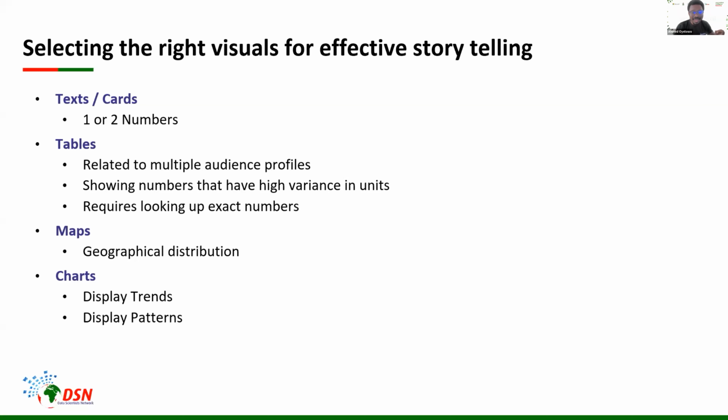Now, for such a presentation, whereby each member of the audience is only interested in finding information about themselves alone, that's an example of when you are going to use a table visualization. It's easier that way than using a chart.